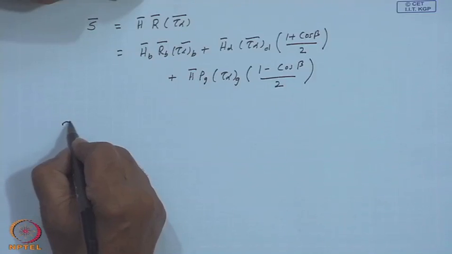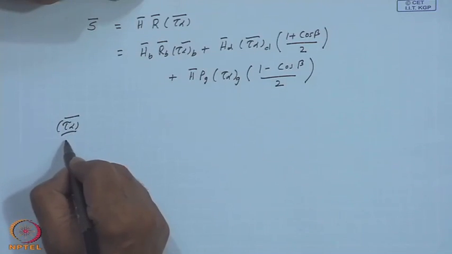So, what we want is tau alpha bar by tau alpha n.